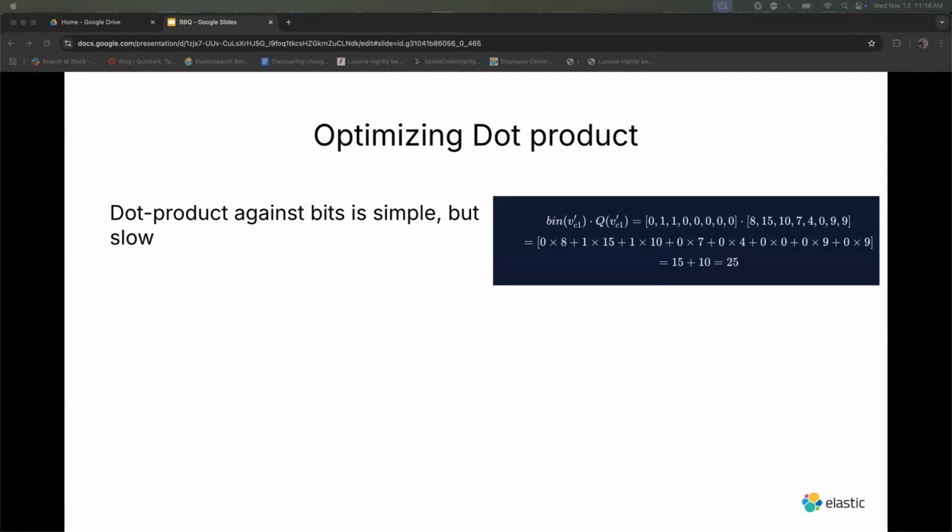What's 1 times any number? That number. So that's what you end up getting. Now, it's kind of bad if you would have to expand all of these stored bytes into their ones and zeros and then multiply by 0, then multiply by 1, and then sum all that together. That's a lot of wasted compute.